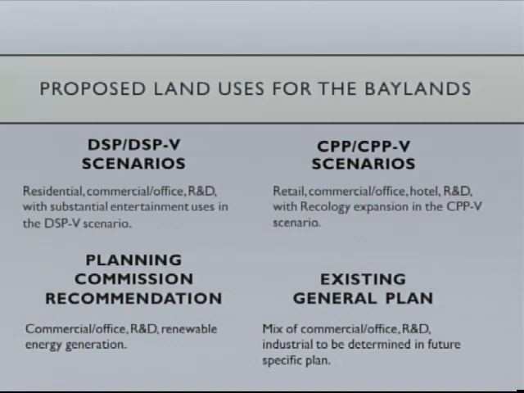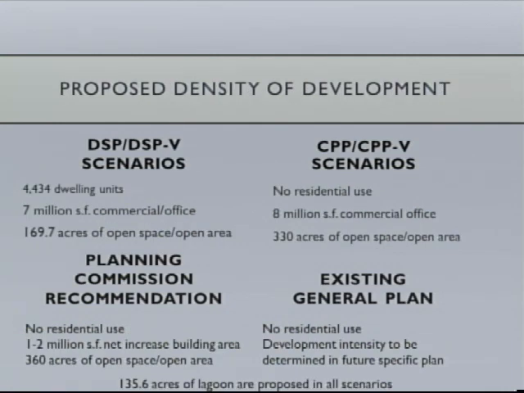When you look at land uses, the DSP scenarios, the applicant's plan, residential, commercial, office, the residential drops out in the community prepared plan. The Planning Commission's recommendation, very similar uses, but more research and development, a little bit less retail, less hotel, and renewable energy generation on the landfill. The existing general plan is that mix of commercial, office, R&D, and industrial to be determined in a specific plan.